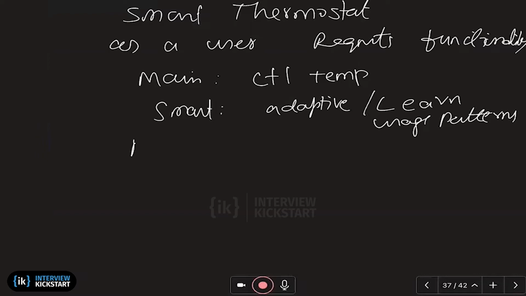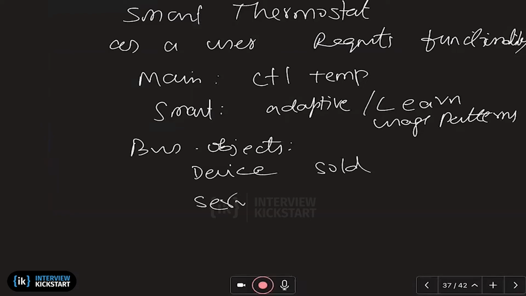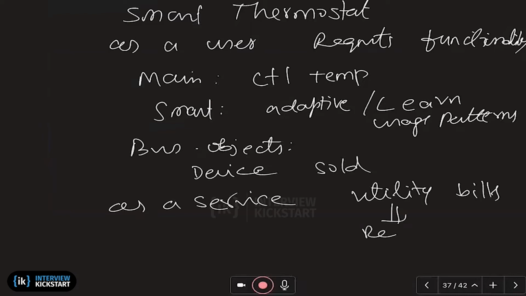Then there could also be business objectives. Are you able to think beyond technical? Are you able to think business objectives? For example, a thermostat can be just a device that is sold on its own, or it could be a service, right? For example, your utility bills can be enabled. The value proposition is you reduce the energy bills by using this device.